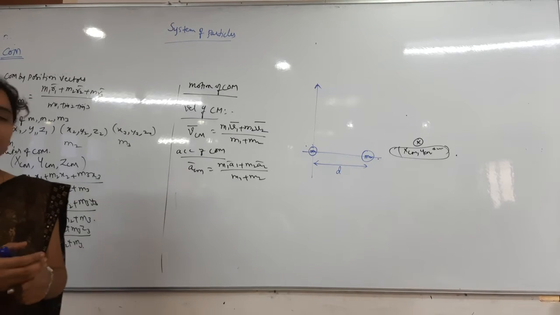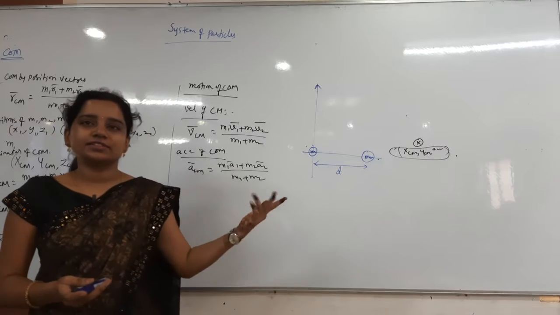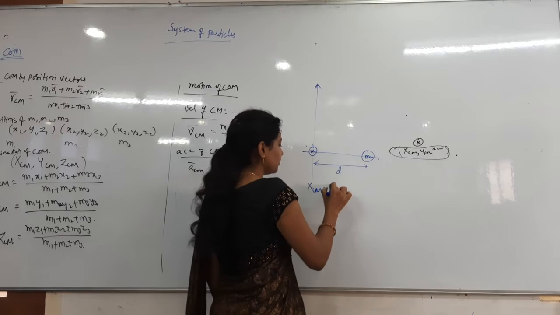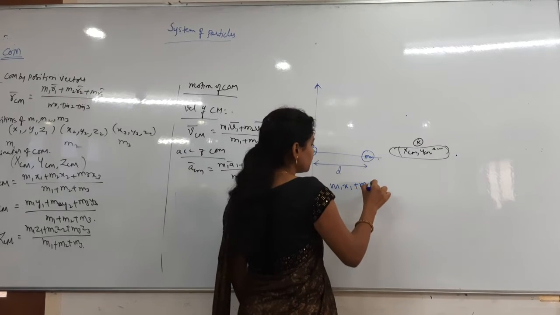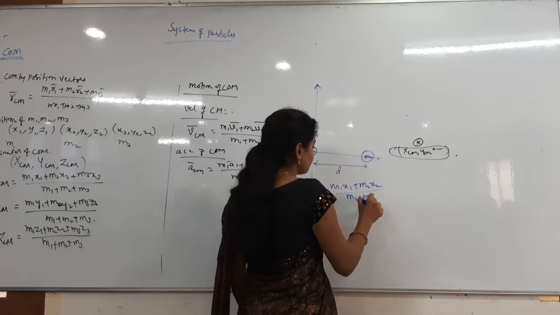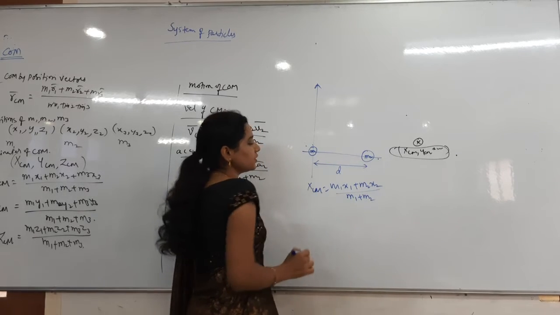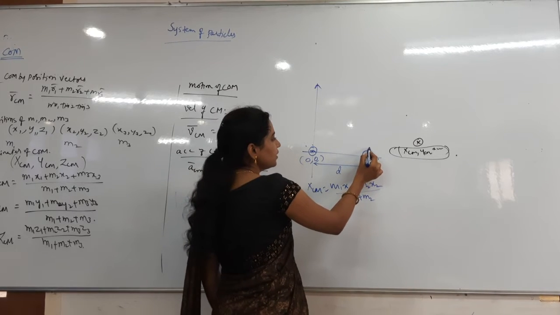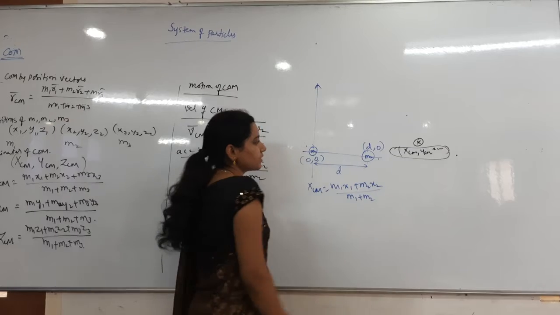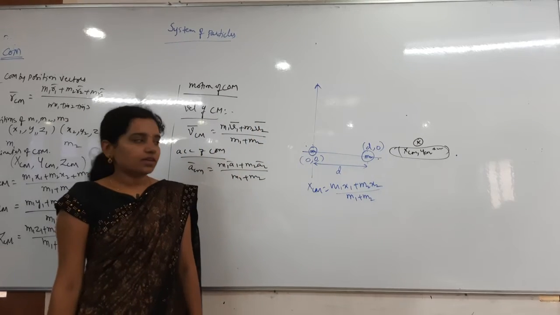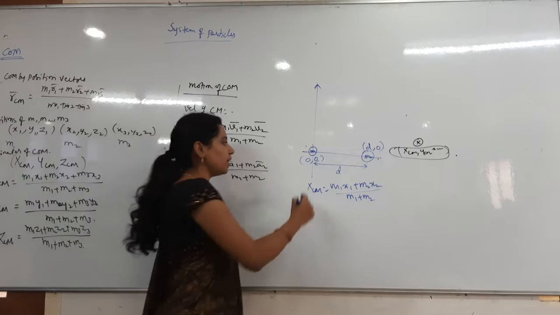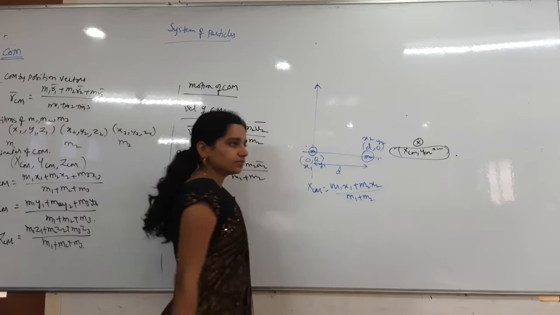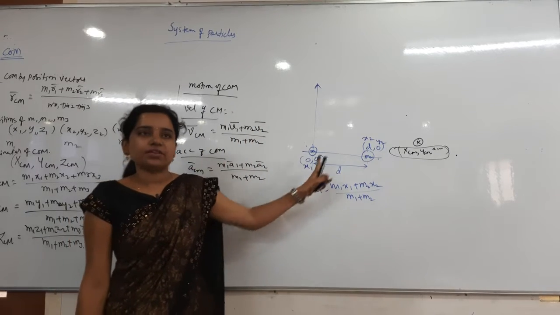For this also you are taking this much time, it's not correct. First of all, find xcm. What is the formula? (m1x1 plus m2x2) by (m1 plus m2). The coordinates of this one are 0, 0, and the coordinates of this one are d, 0: x is d and y is 0. Now I have two coordinates: x1 and x2, y1 and y2.